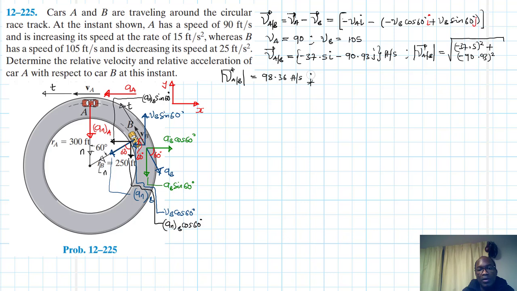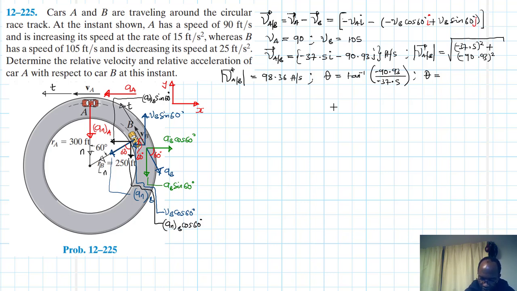Let's find the angle. Theta is just going to be equal to tan inverse of the y component, 90.93, divided by 37.5.